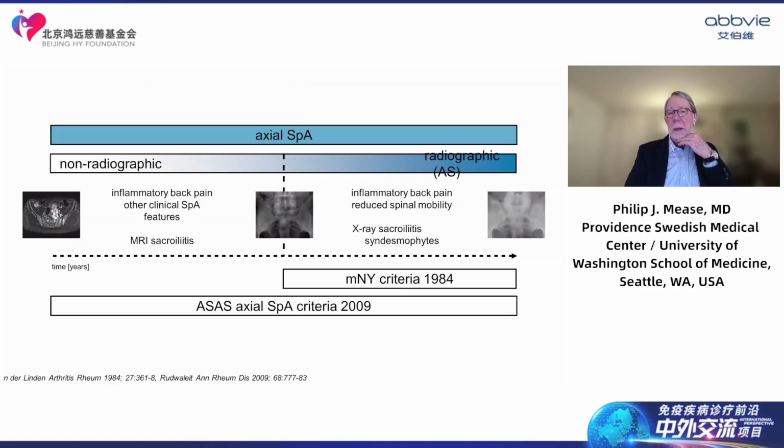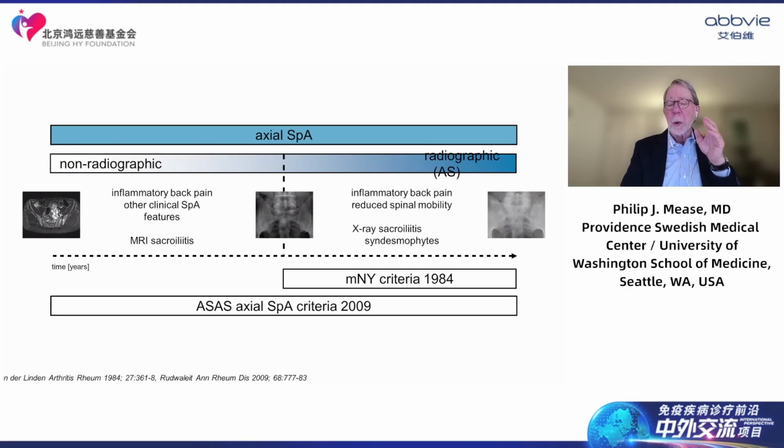At the current time, there is a distinction between so-called non-radiographic axial SpA, which represents about half of the patients in the US population, and radiographic axial spondyloarthritis, in which you can clearly see changes on X-ray of the SI joints, joint space narrowing, ankylosis, erosions.